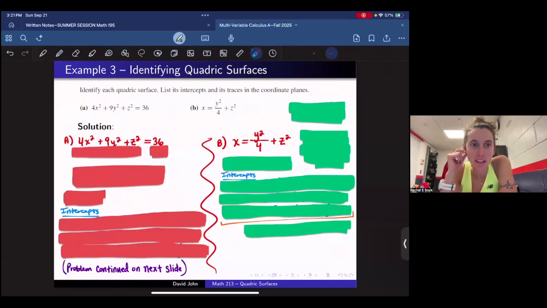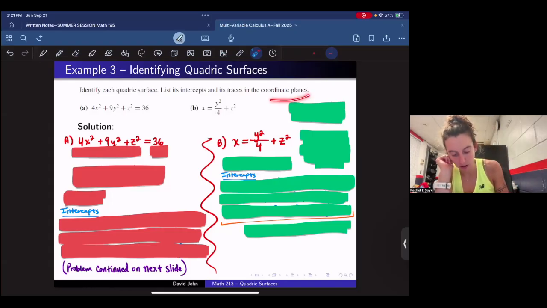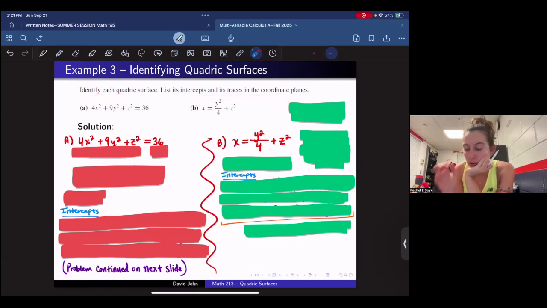Okay, much better. So we have our example 3, and we want to identify each quadric surface and then list its intercepts and its traces in the coordinate planes. So part A, we're given 4x squared plus 9y squared plus z squared is equal to 36.